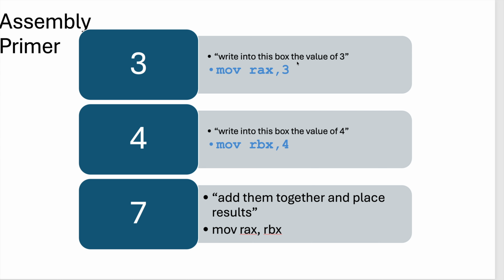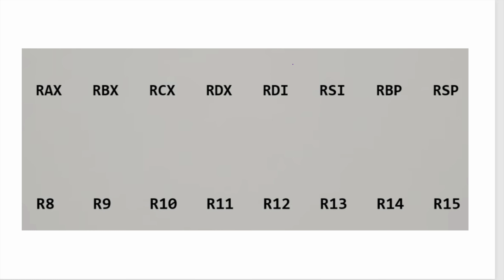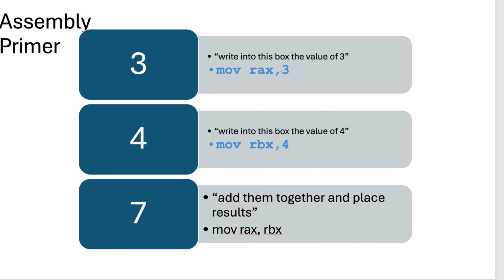In the assembly primer, we want to move into RAX, or into AX, the number 3. So in other words, we'll just call it AX. And move into this box the value of 4.